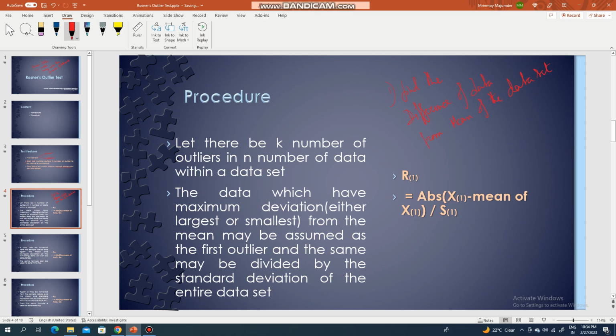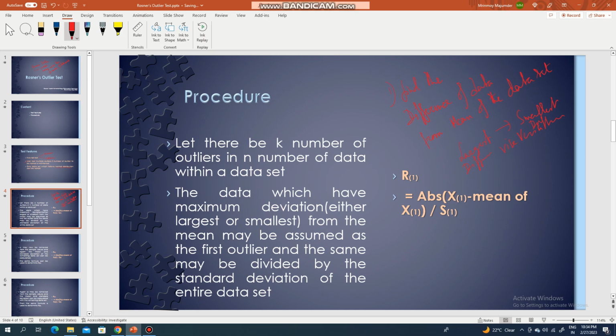Then arrange the data set in descending order of difference. That means you can arrange from largest difference to smallest difference or vice versa. As this is a two-tailed test, you can arrange either largest to smallest difference, or smallest to largest difference.